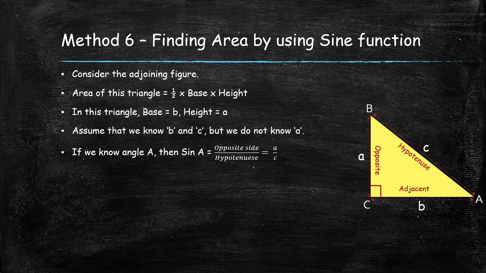If we know angle A, angle BAC, then sine of angle A is equal to opposite side by the hypotenuse, is a by c.